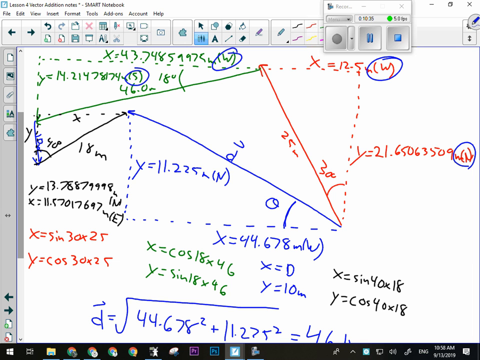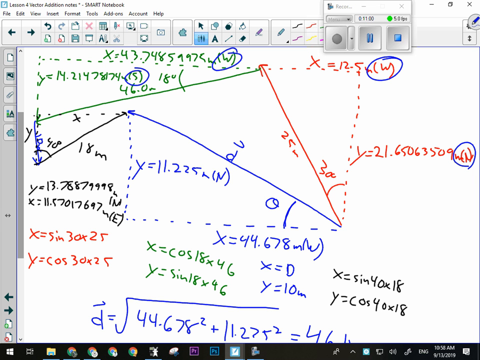One straight vector, one angled vector, finding the result. So that's as tough as they get. You won't get any more involved than that. But it's always the same steps. Find your x's, find your y's. Add them up. Do Pythagoras. Do trig. You're done.